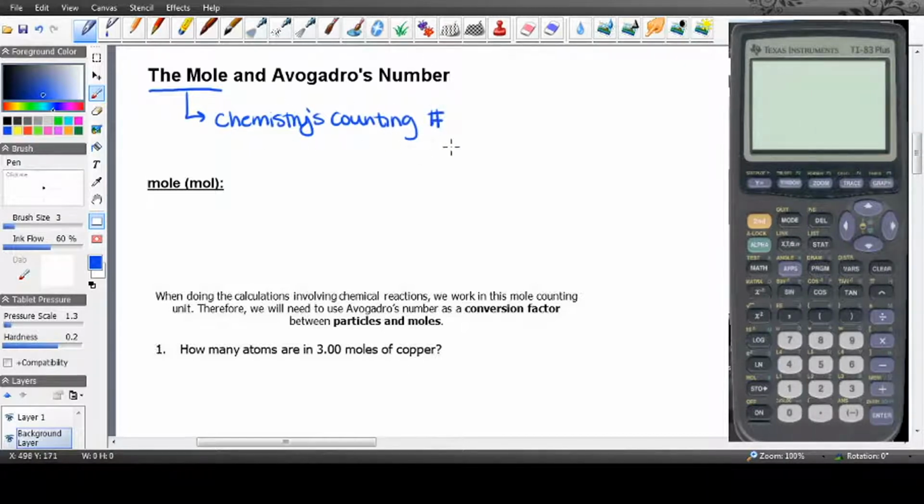We're going to use these for atoms or molecules or units. So atoms if we're talking about elements, molecules if we're talking about covalent compounds, and units if we are talking about ionic compounds. So the mole.